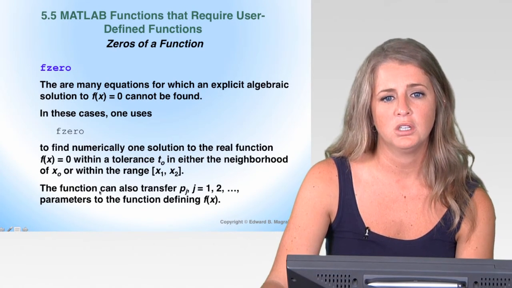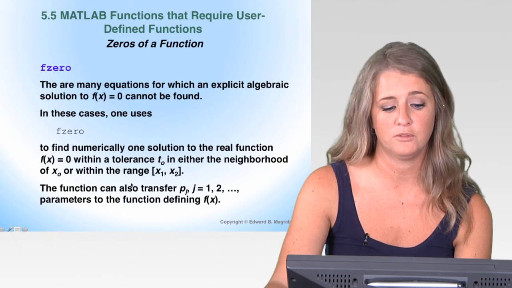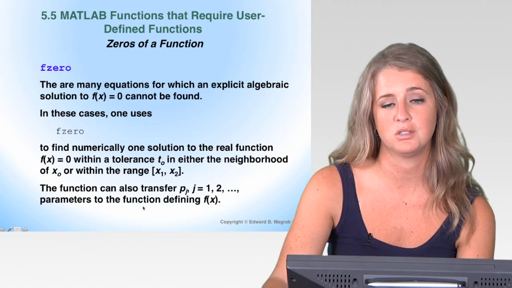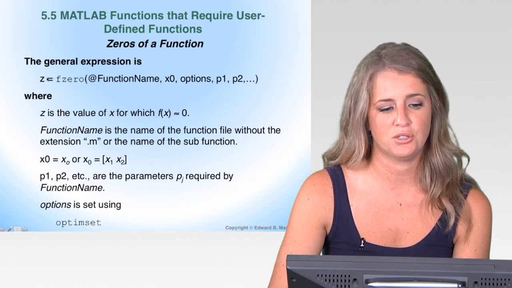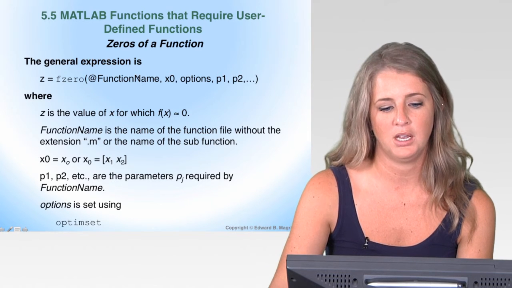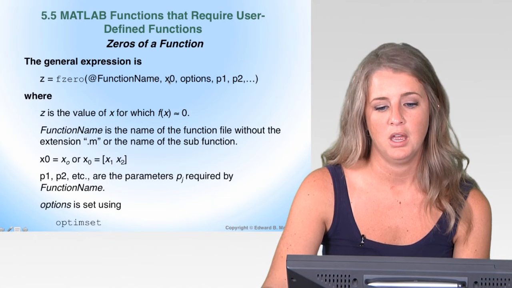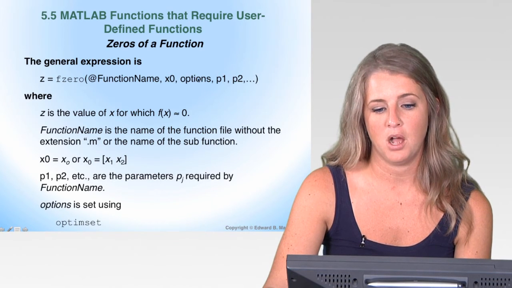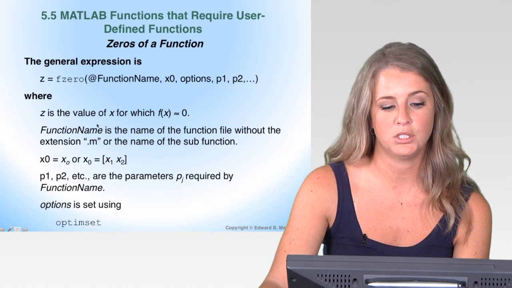The function can also transfer parameters pj, where j is equal to 1 or 2, to the function defining f of x. So the general expression for fzero, we have z is equal to fzero. Here's our function handle. So again, this is going to be the user-defined function that we create. x0, we have some options in terms of our parameters, and then parameter 1, parameter 2.